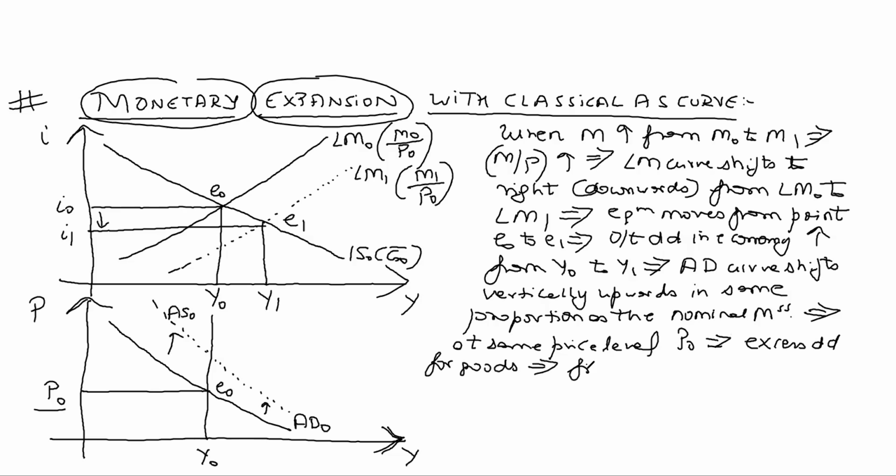So you can see that there is excess demand from E0 to E1. You can see that there is excess demand at the same price.